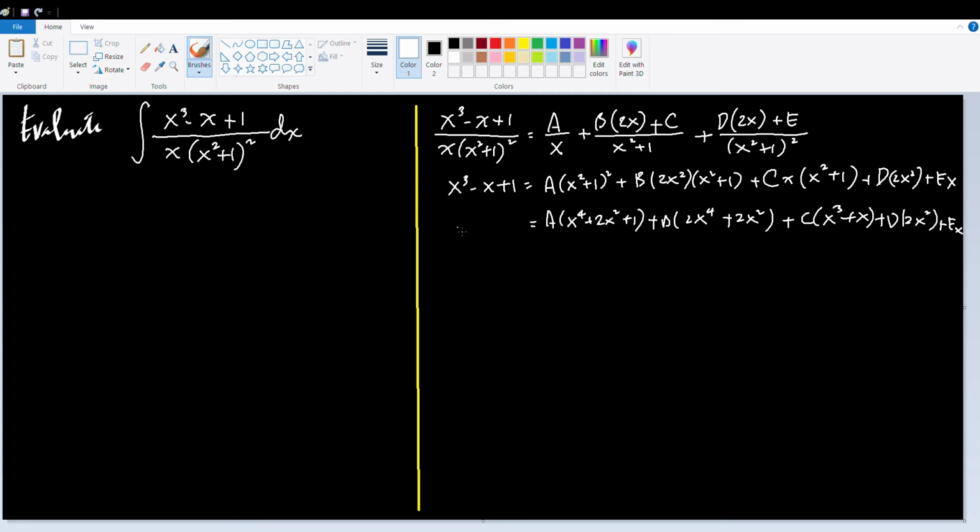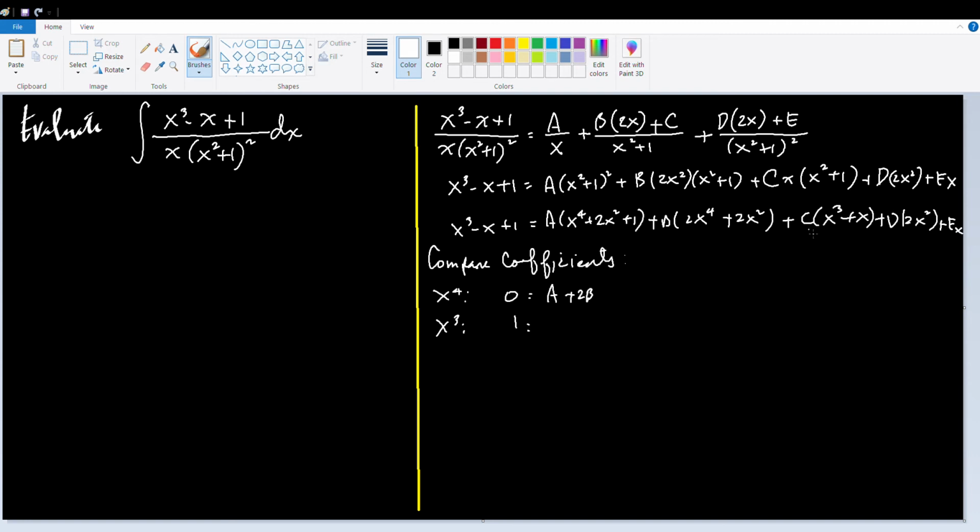Let us then compare coefficients, beginning with x to the fourth. So 0 at the left side. At the right side, we have ax to the fourth and 2bx to the fourth. So a plus 2b. Then x cubed. At the left side, it is 1.